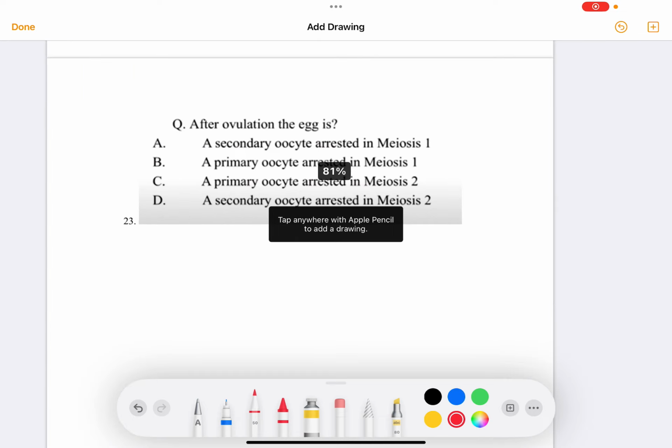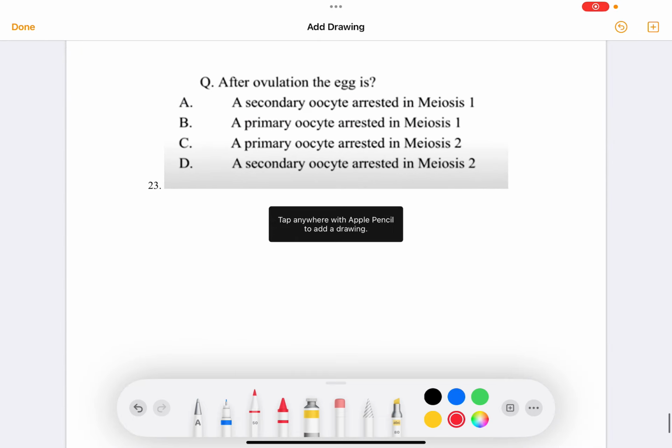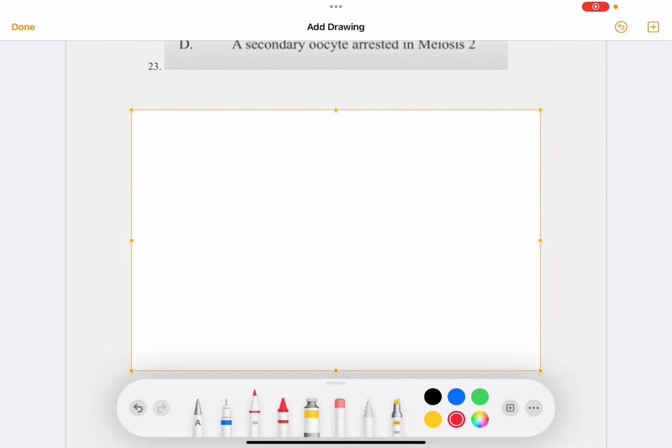The last question of the day: after ovulation, the egg is arrested in, always remember, secondary oocyte is arrested in meiosis 2. This is because meiosis 1 occurs at the time when the eggs are being recruited. At that time the first meiosis occurs, but then the second meiosis starts and gets arrested, and the second meiosis completes after fertilization occurs.